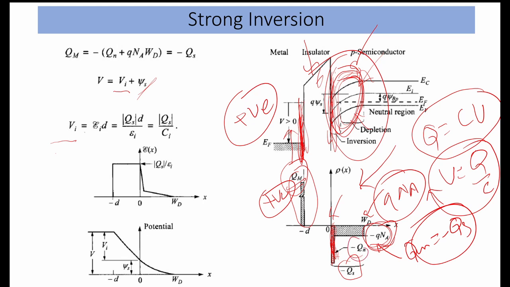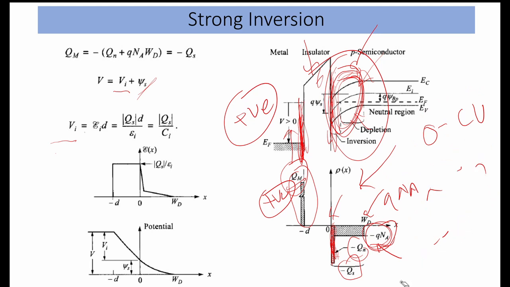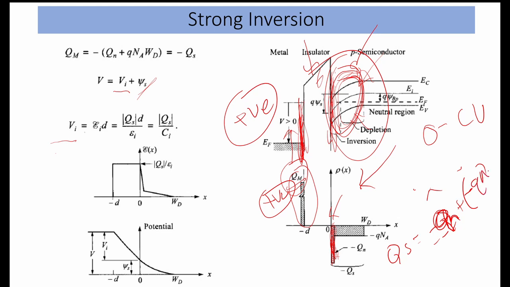Qs is equal to minus Qn, plus minus Qna. Okay, this is the total charge in the semiconductor, and the equivalent charge is there at the metal interface.